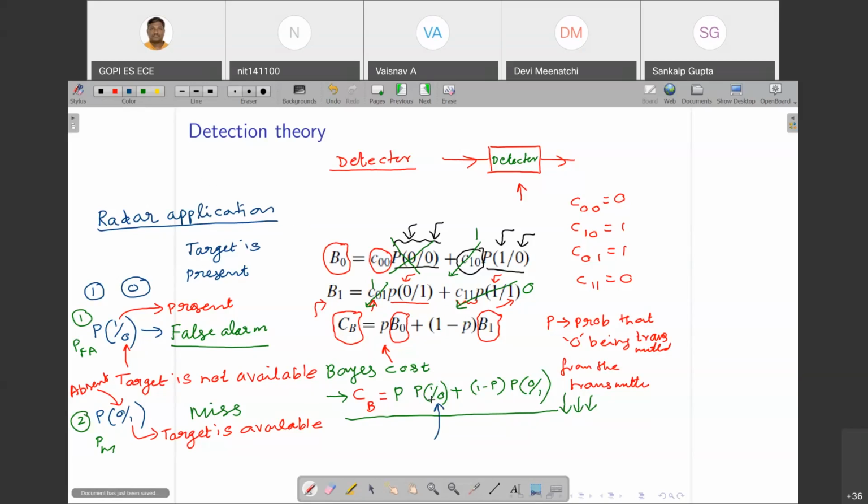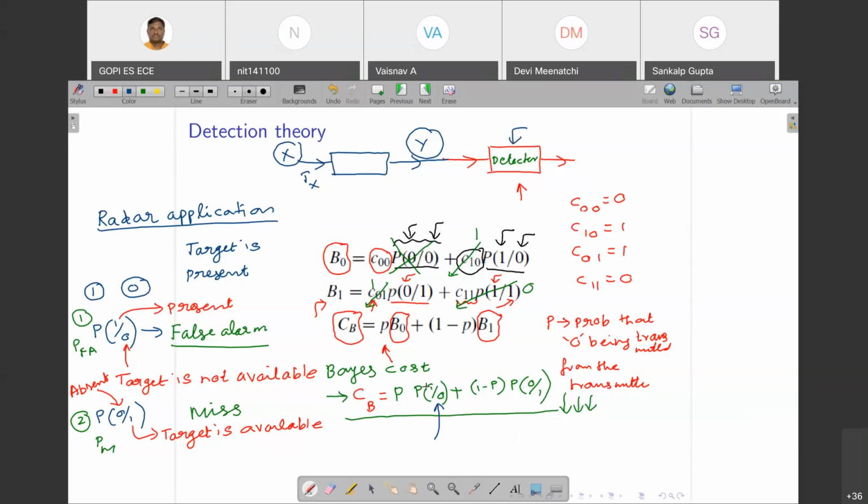You have what is transmitted from the transmitter, X, then the channel, and then the receiver, Y, and now you are applying the rule. The detector itself can make a mistake, and that mistake is what we are talking about here.